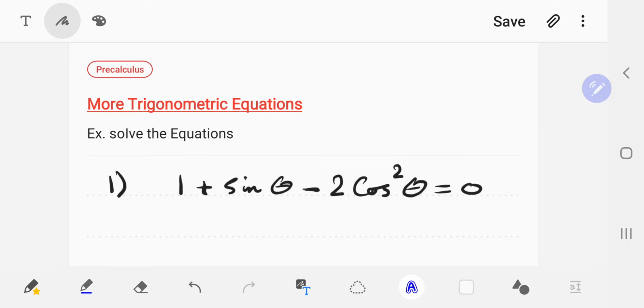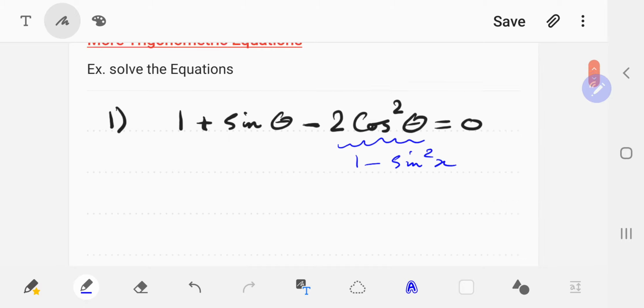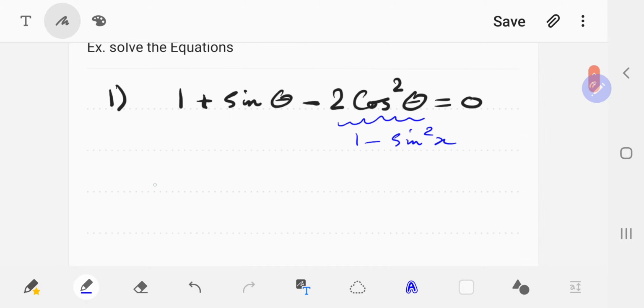So what are the things that I have that can help me in solving this? Actually, we know that cosine squared, by using Pythagorean identity, can be replaced by 1 minus sine squared. So we can do this here.